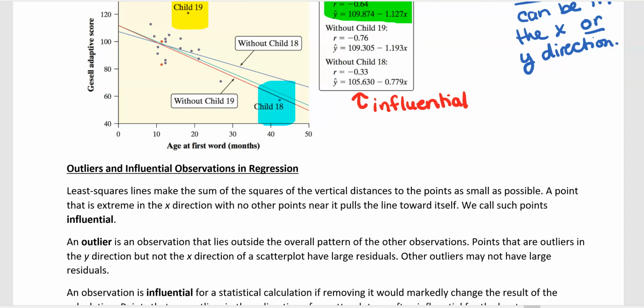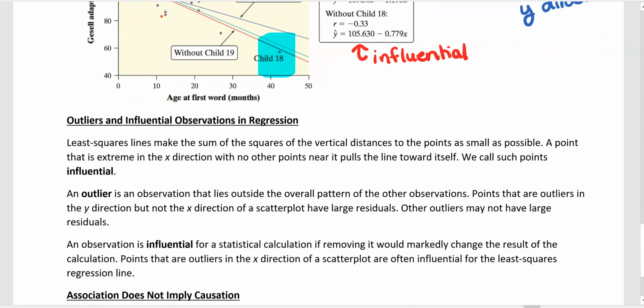Your x outliers can be influential points. Your y outliers will not be influential points. So your outlier could be one that changes the line in either direction, but the x outlier is the influential one.